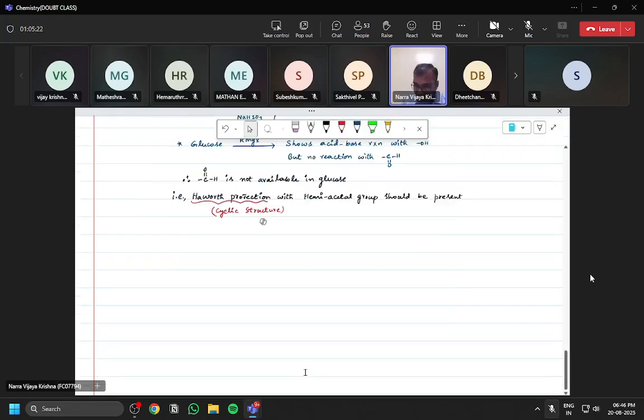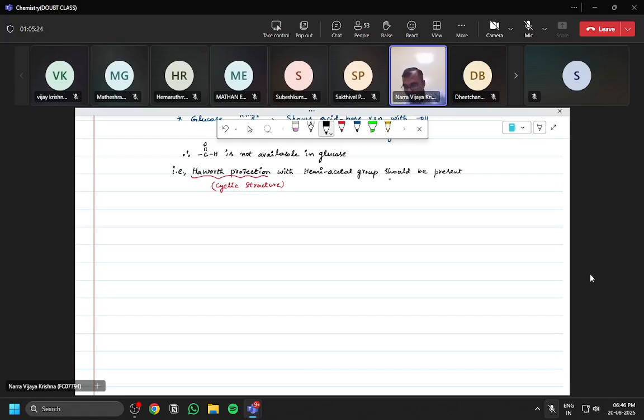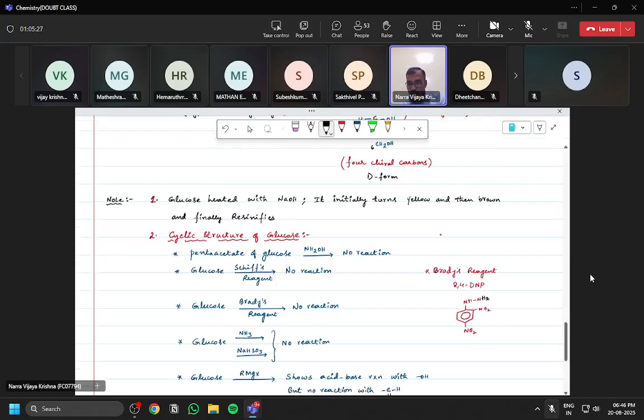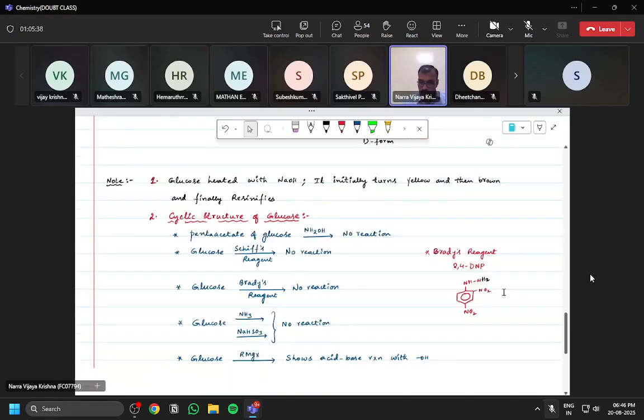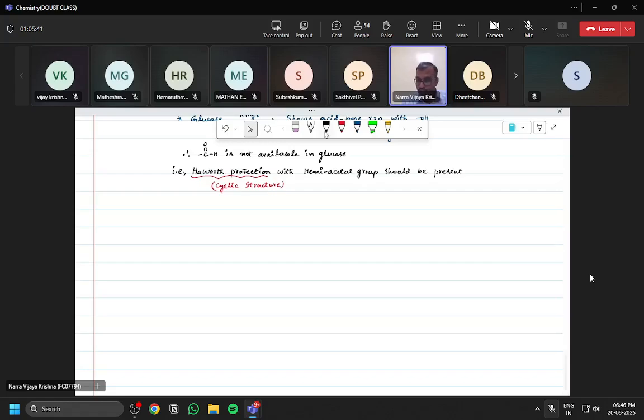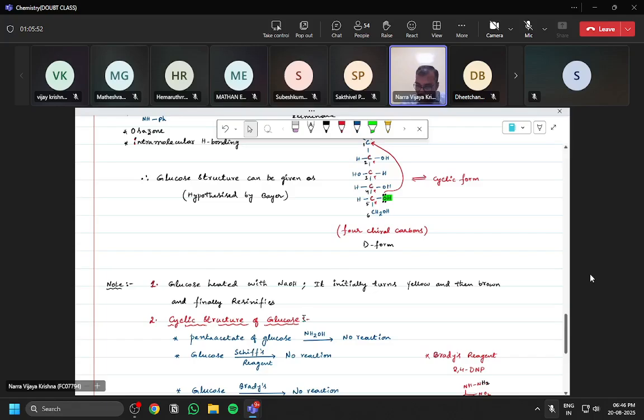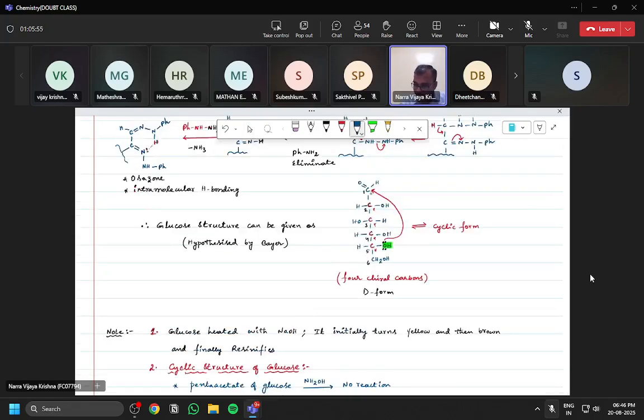So I am taking the chain form of glucose. When this oxygen donated a lone pair of electrons, what happened?